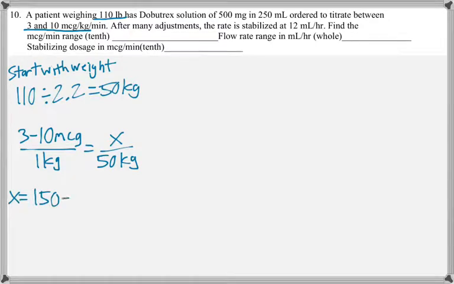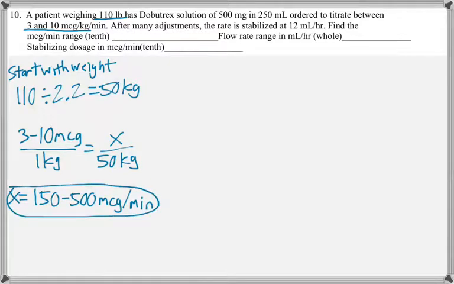We get 150 to 500 mcg per minute. So that is the range in mcg per minute for a patient of that weight.